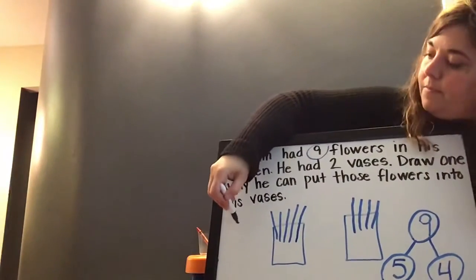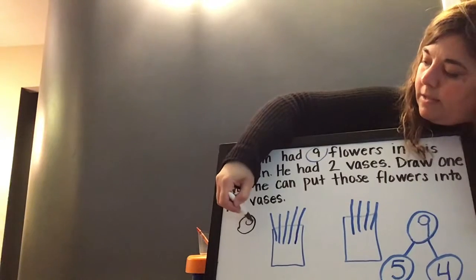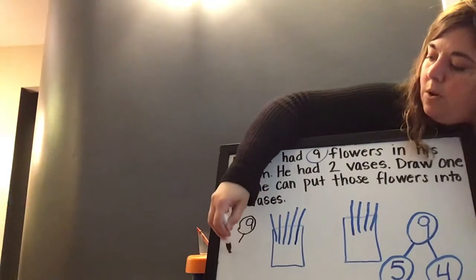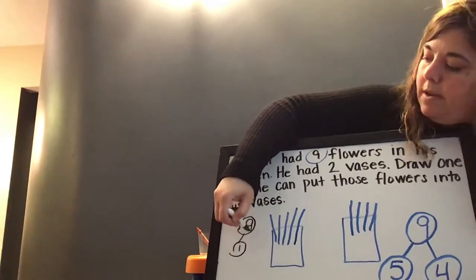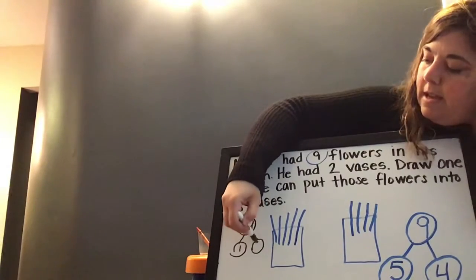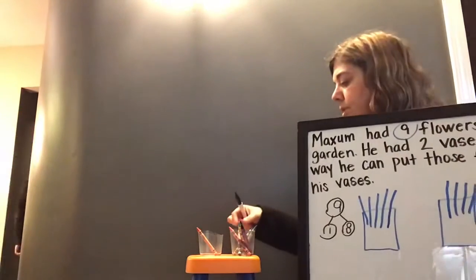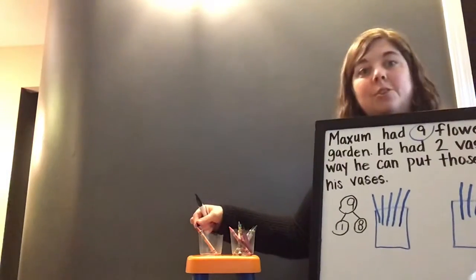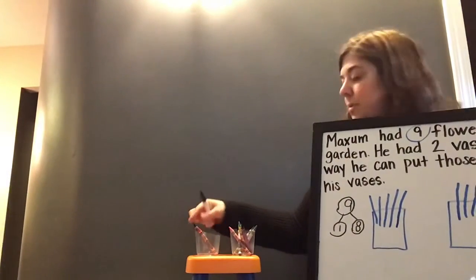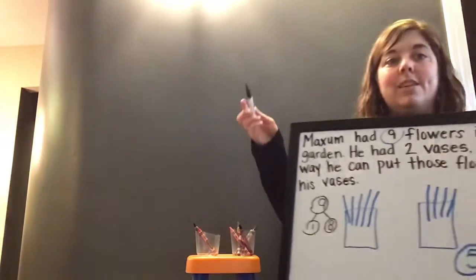So you might have, let's see, 9, and you might have 1 and 8. Or you might have 2 and 7.